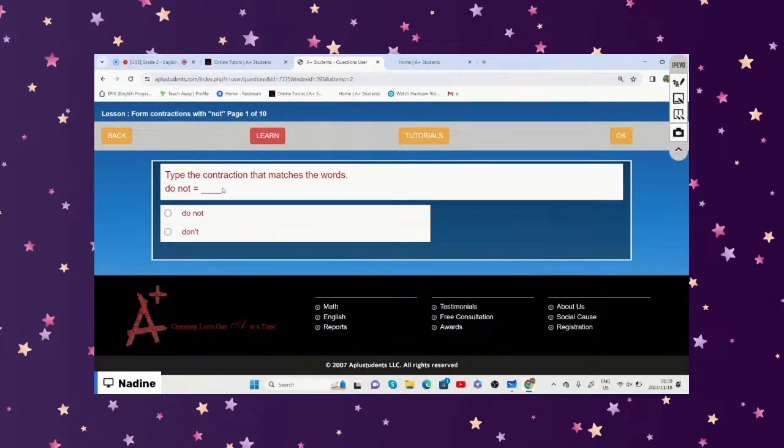Remember, this is a shortened form of two words, which is our verb as well as not, and we need to shorten those words. So what is our contraction? Do not or is it don't? Let us try.